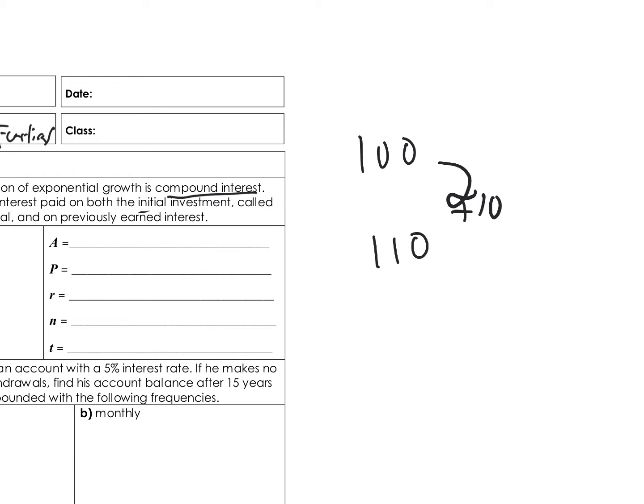No. I'm getting 10% of 110. I'm getting plus 11. That's why it's compound. You're making interest on the previous interest. So now I'm sitting at $121. At the end of that year, what do I make?